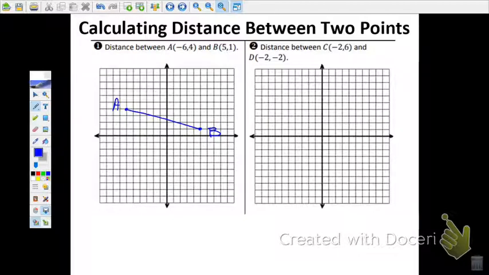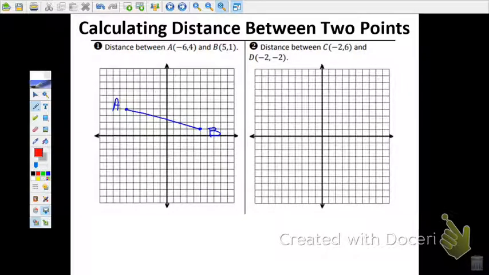But I can apply what I know about Pythagorean theorem. When we worked with Pythagorean theorem, we said it works for right triangles. So the first thing we need to do is make a right triangle.